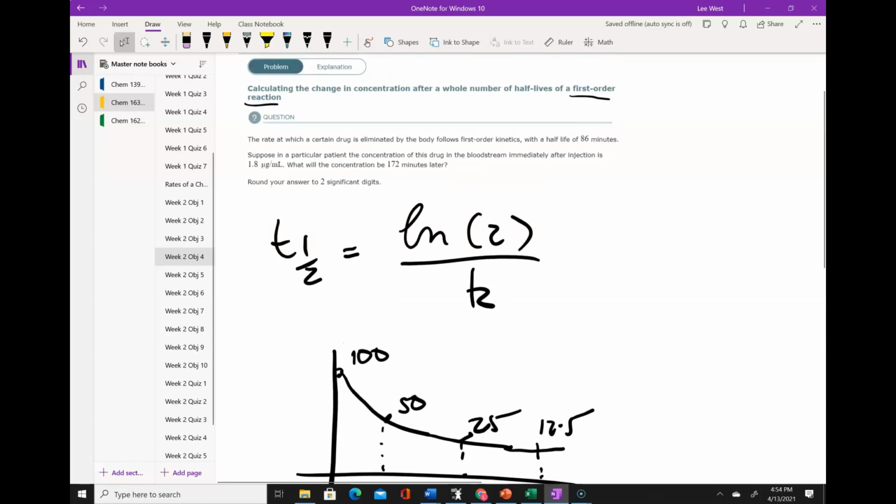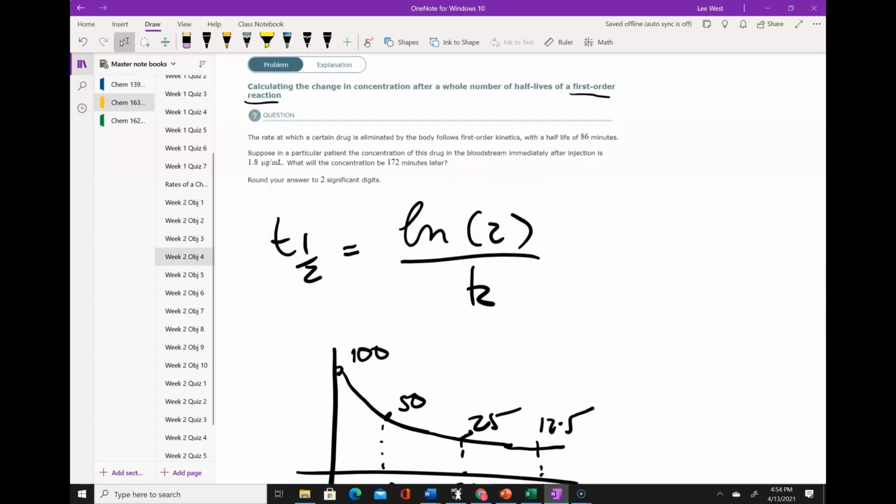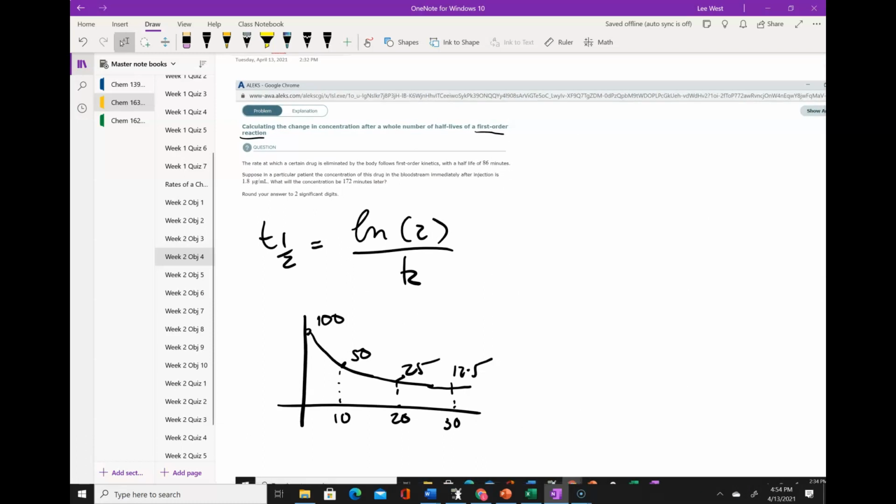So this reaction here is a first order reaction. We also know something else about the reaction. We know that rate is equal to k times the concentration of our reactant to the power of 1, or it's just first order. In this case, our drug is just getting eliminated out of our body.